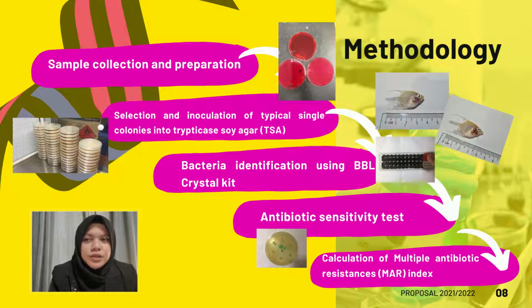Then, inoculation of typical single colonies onto Tryptic Soy agar was done. Next, bacterial identification was done using the BBL Crystal kit, followed by an antibiotic sensitivity test. This method is to evaluate resistance to antibiotics.